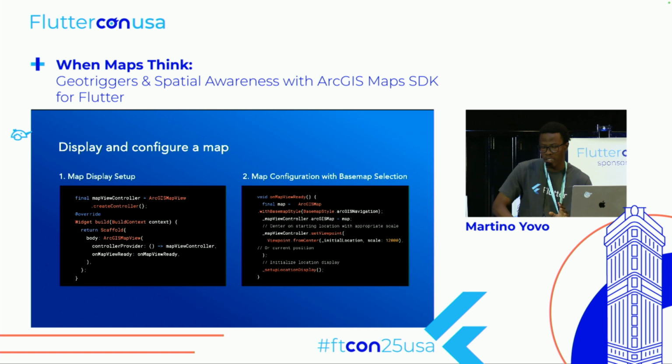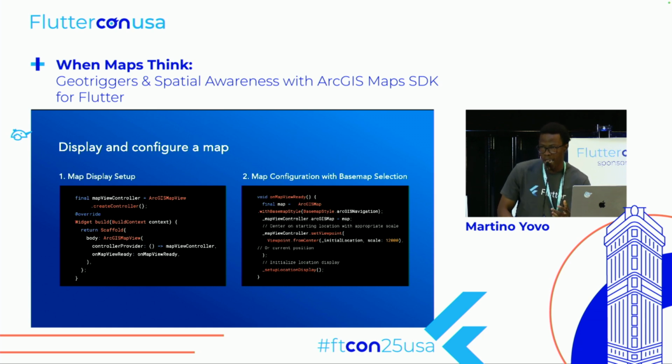Now we also have the on map view ready function, and this will do some basic things from the startup of the map. So if you want to define something or do a specific operation, you can do it there. As you can see, we have this function on map view ready, and you can set up a base map style for the app.